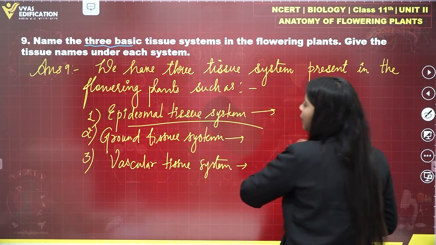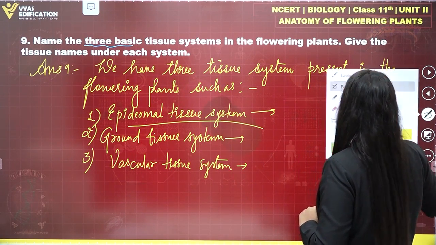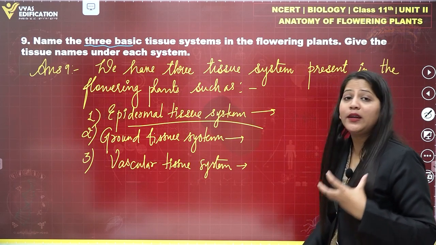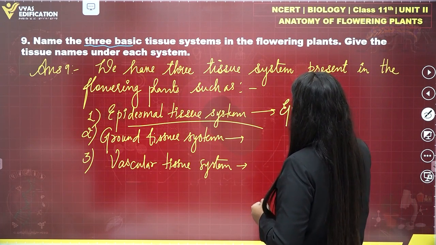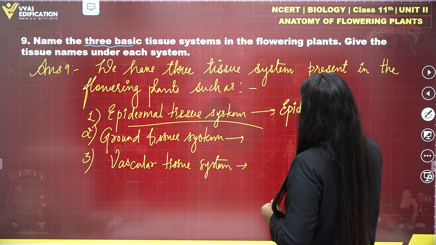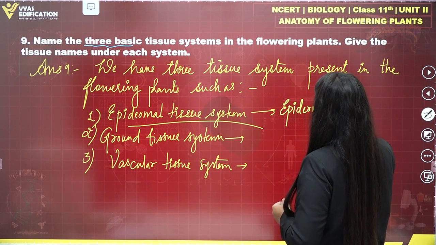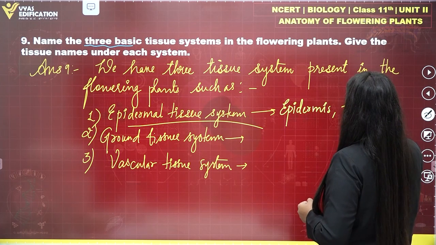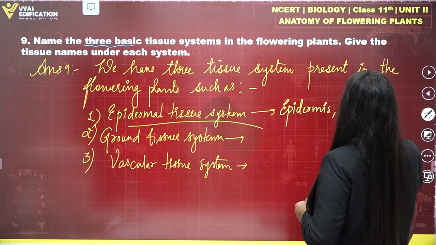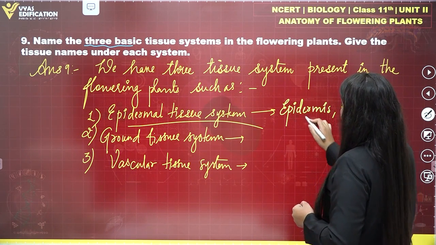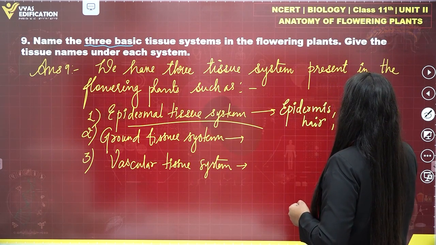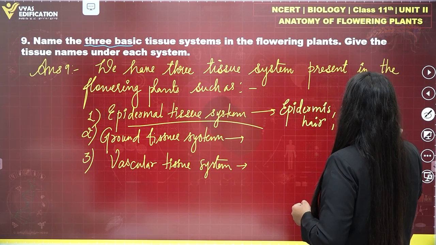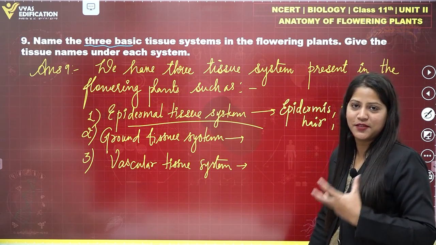First of all, what are the tissues included in the epidermal tissue system? That is epidermis, then trichomes of stem, then hairs, root hairs. Then stomata is also included in the epidermal tissue system.